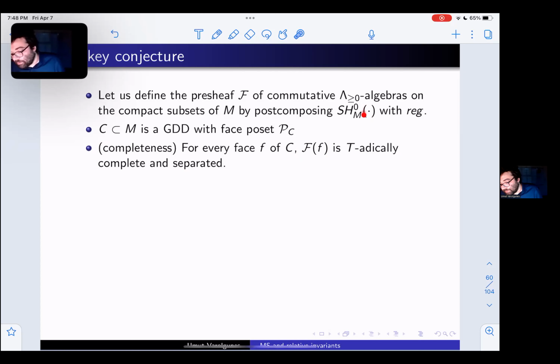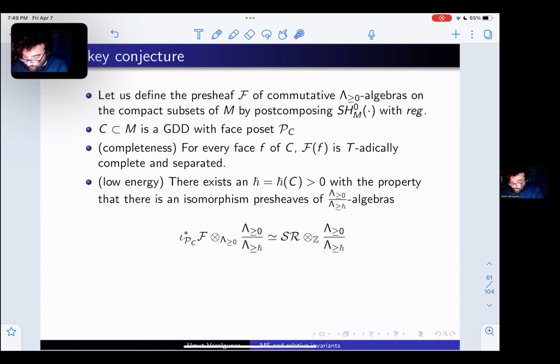So I did a completion at the chain level. It's complete at the chain level, but when I take homology, it doesn't have to be separated. You can lose Hausdorffness, and I claim that you don't in this particular case with generalized Delzant domains because of some convexity.